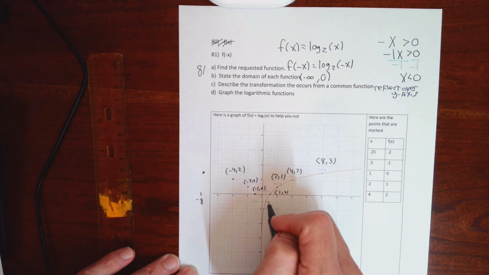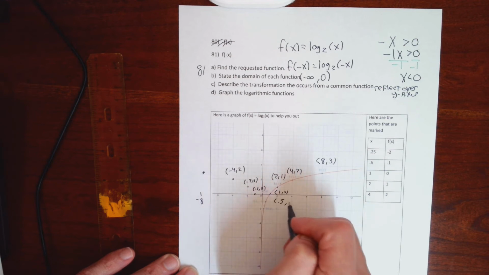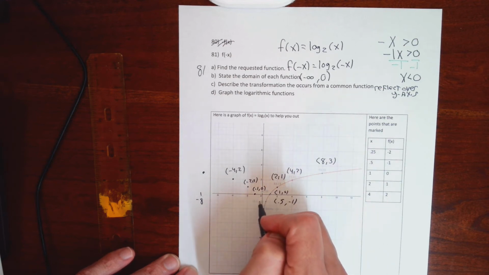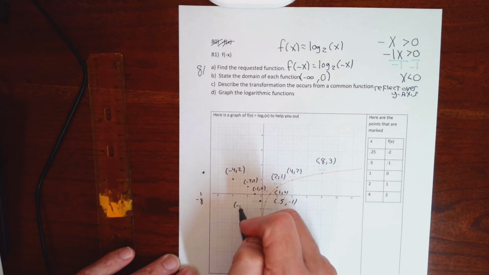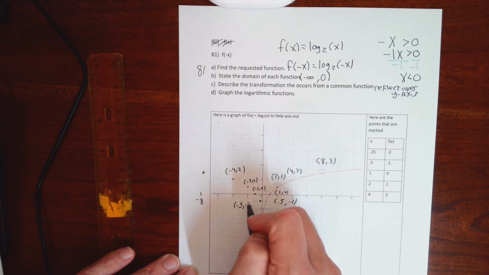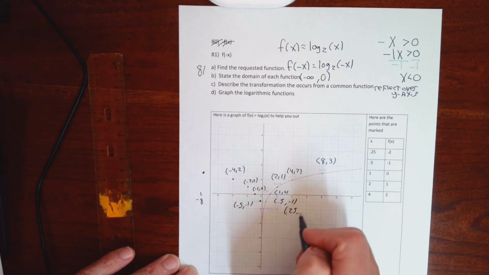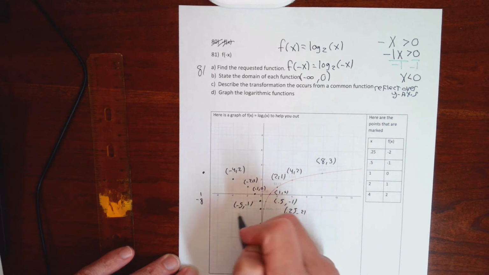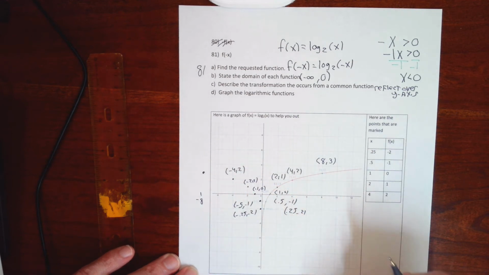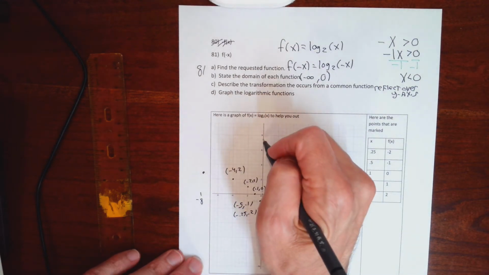This point 0.5, negative 1 is going to go to negative 0.5, negative 1. And this point 0.25, negative 2 is going to go to negative 0.25, negative 2. I'm just changing every single x coordinate, leaving the y's exactly the same.